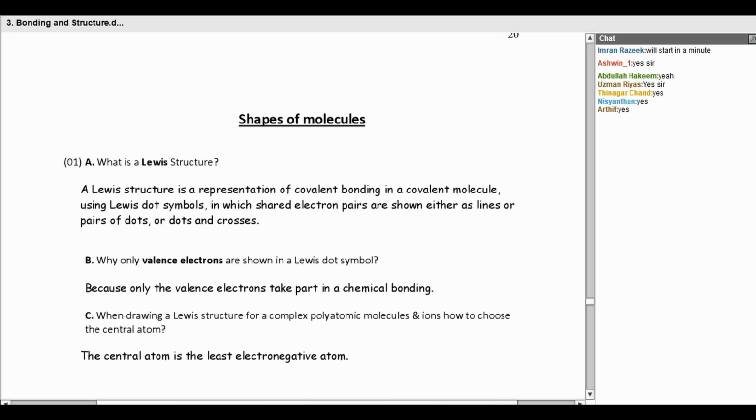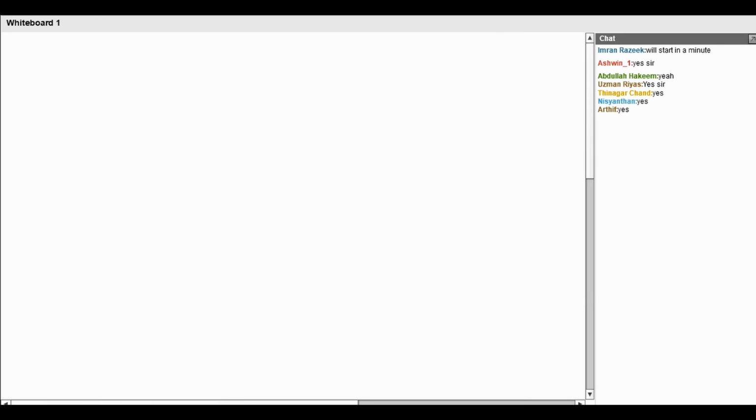Even myself, if you ask me what's the shape or the structure of phosphate, honestly I don't know. But I can derive the shape and the structure within maybe 20 or 30 seconds, and I will not make any mistakes in that.